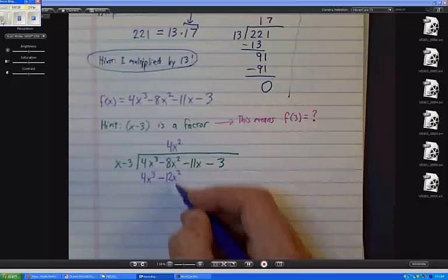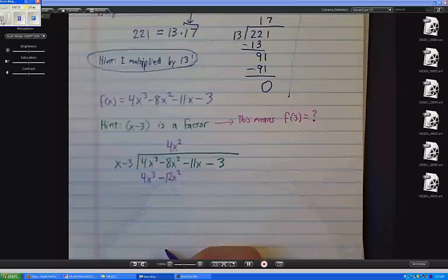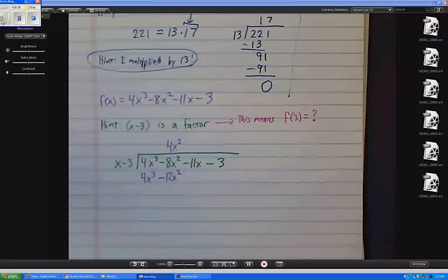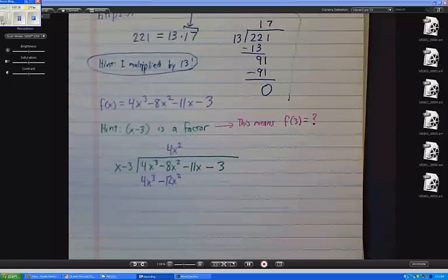Okay? Now I want you to watch this next step. What's the next step after this? Okay, subtract, but this is where I teach it differently. We're in algebra class. I don't like subtracting in algebra. I would much prefer to add the opposite, or add the negative, than I would subtract it.